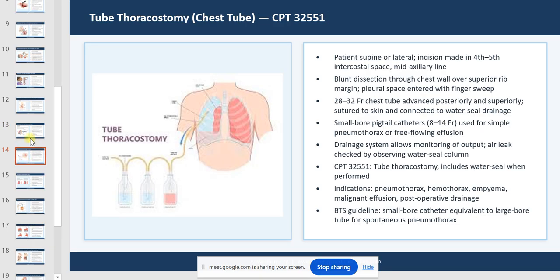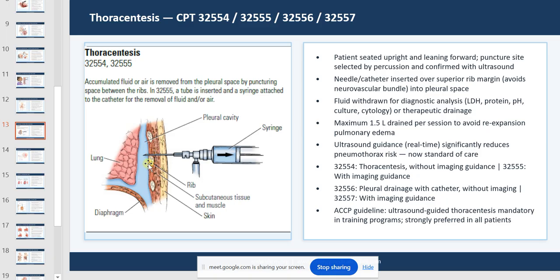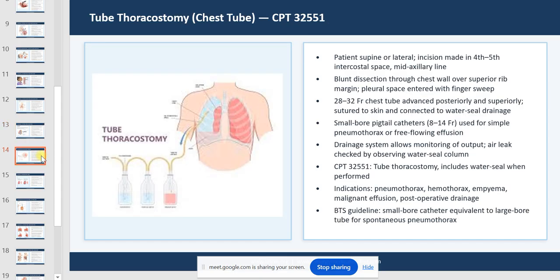Thoracostomy. The same procedure. If it is minimal fluid, one time you can take it out and the patient will be all right. But if it is a large fluid, you have to drain this continuously over a period of 3 days, 4 days, 1 week. What they do, they keep one catheter tube inside.